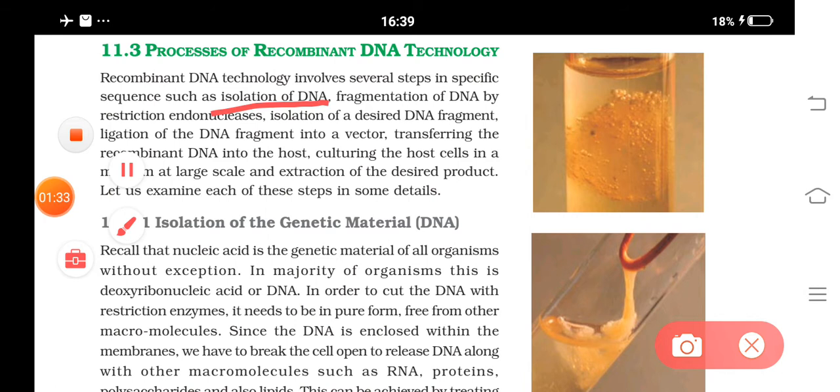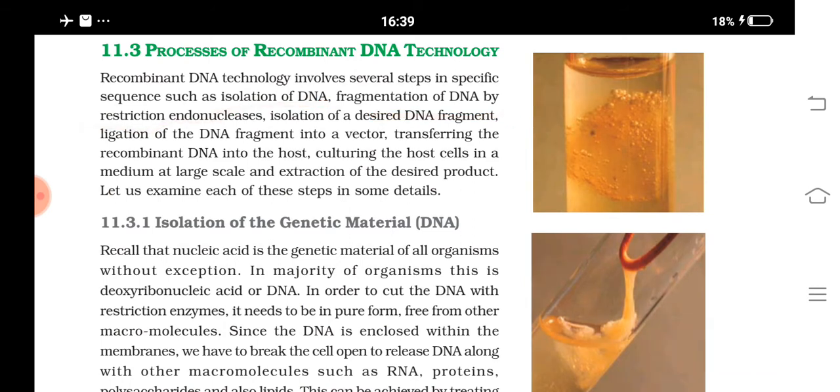So DNA should be isolated, then it should be fragmented, that we have already studied, by restriction endonucleases, isn't it? Then isolation of a desired DNA fragment among this DNA. If a long DNA is cut using restriction endonuclease, we have to identify or isolate the desired DNA what we are requiring, isn't it?